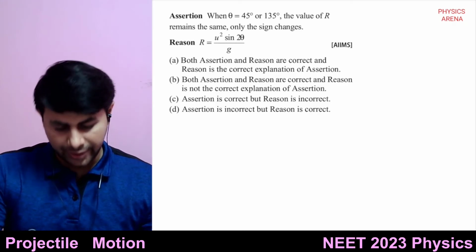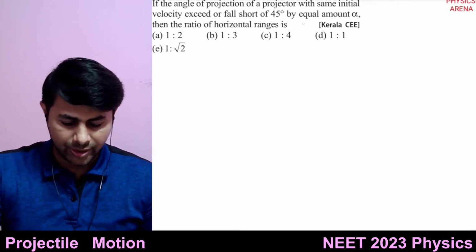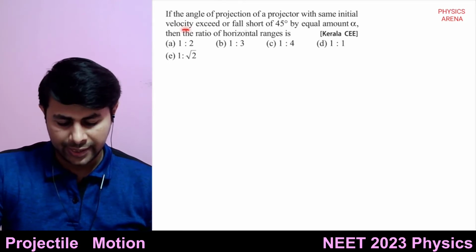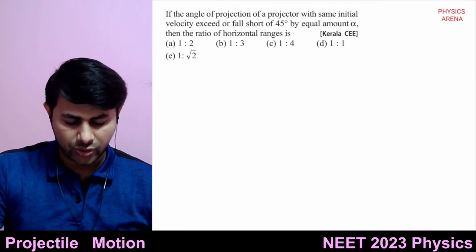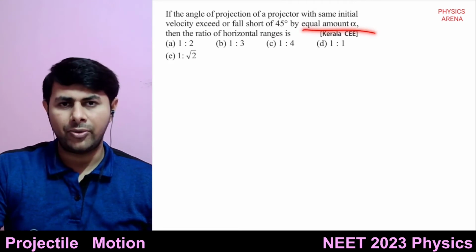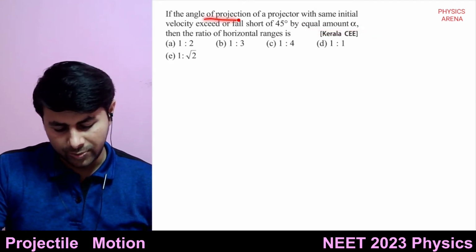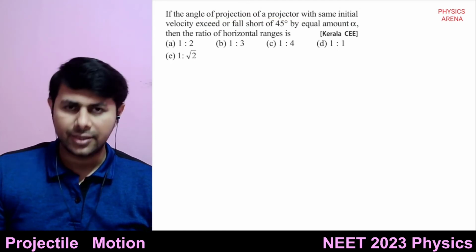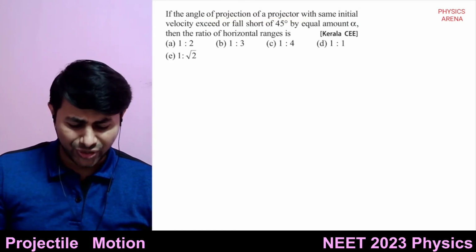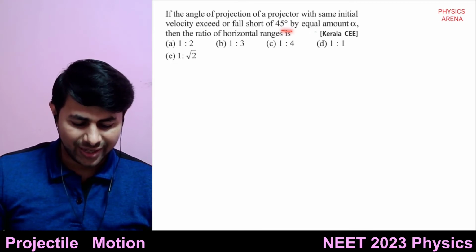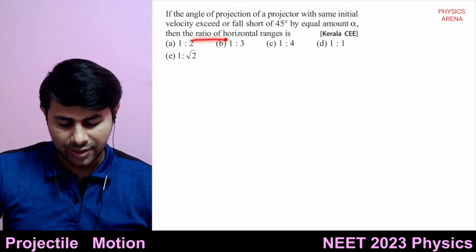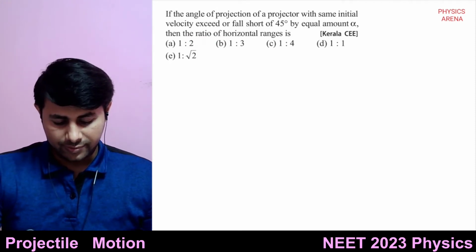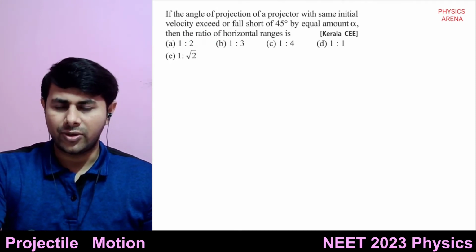Option A, right? If the angle of projection of a projectile with the same initial velocity exceeds or falls short of 45 by an equal amount alpha, then the ratio of horizontal ranges is. Okay, who can tell me what to do?